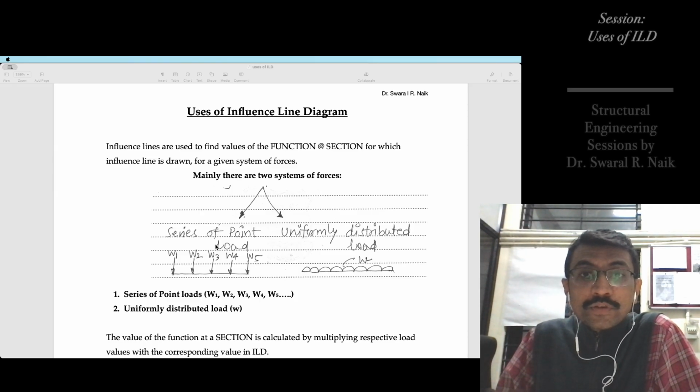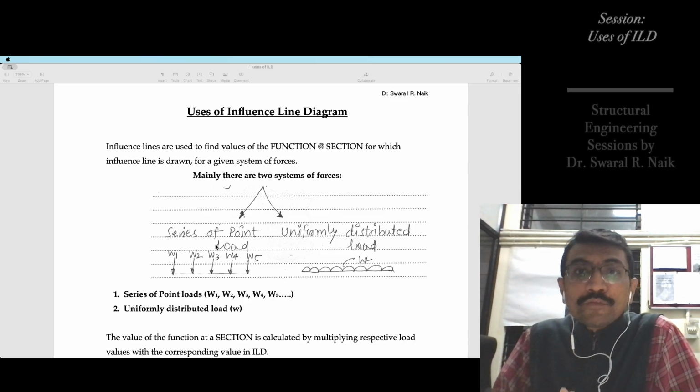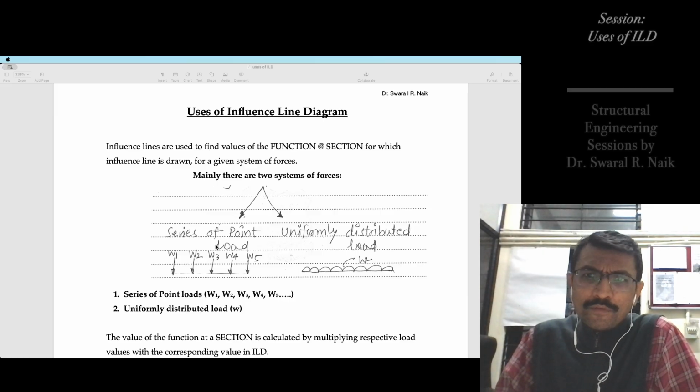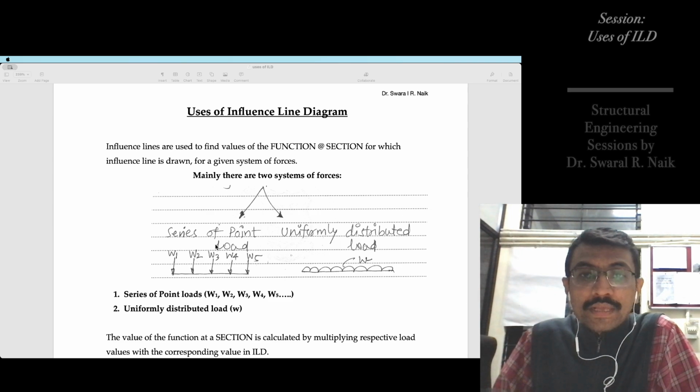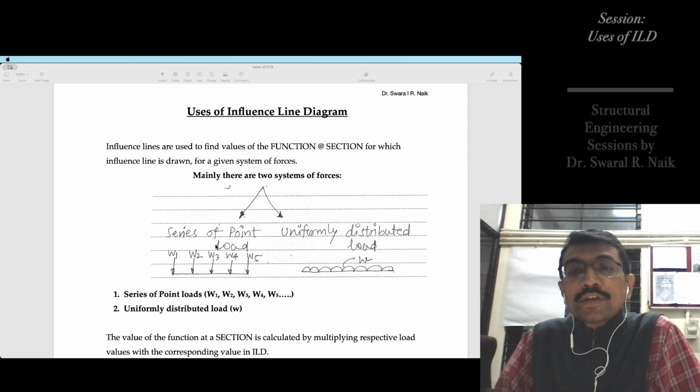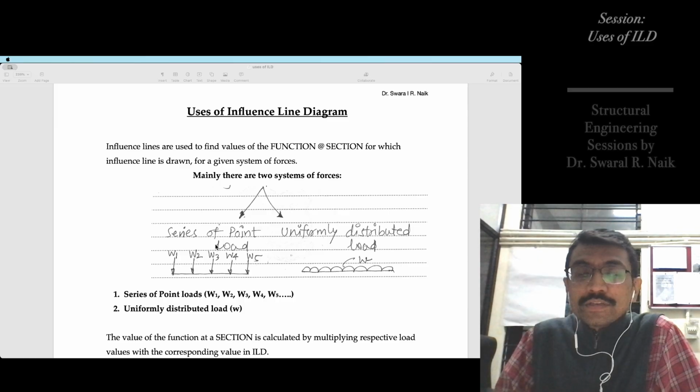So influence lines are used to find values of the function at a section for which the influence line is drawn, for a given system of forces. For influence lines, there are mainly two systems of forces. One is a series of point loads, which I have shown here, and the other system of forces is distributed loads, uniformly distributed loads.